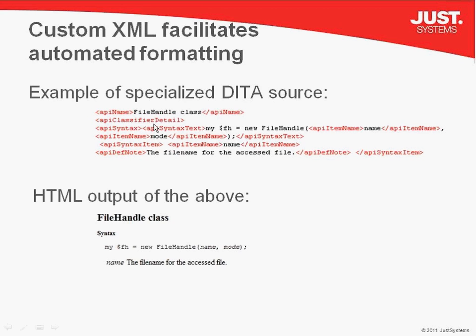So looking again closely at this example, you'll see, for example, that this heading called syntax is not actually anywhere in the text. It's automatically inserted by the publishing system. And the publishing system knows where to insert this automatic title just based on what the tag names are. You can see that there's italics that are automatically added. Again, that's added automatically by the publishing system based on the tag names, none of which are actually, say, italics.